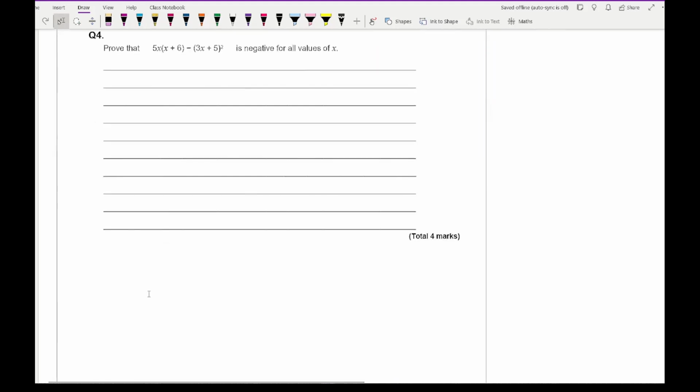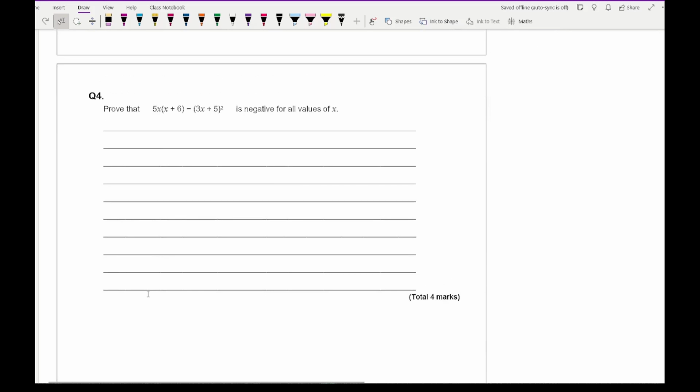Moving on to question 4, it says prove that 5x multiplied by x plus 6 minus 3x minus 5 squared is negative for all values of x. So looking at this, the first thing we want to do is expand the brackets, and noting that the second one is going to be a double bracket question. So here we've got 5x squared plus 30x, and then minus, and then I've got 3x plus 5, 3x plus 5.